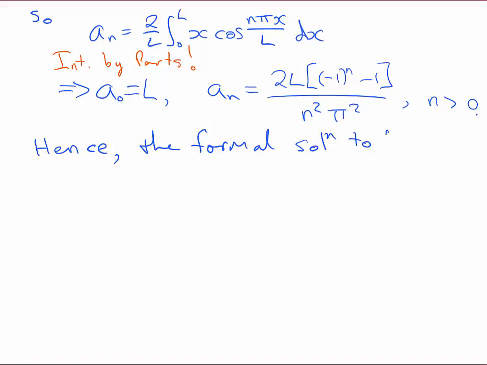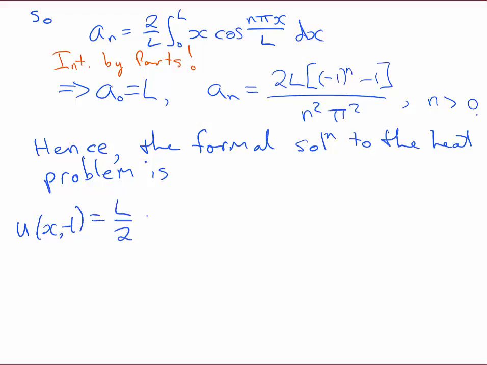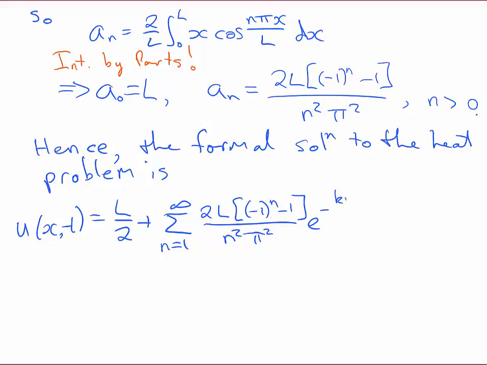So the formal solution then is given by u of x,t is equal to constant L over 2, because a0 was L. Its infinite sum of the a_n, so that's the 2L square bracket deal, and that's all going to be multiplied by exponential from the T equation, e to the minus k n squared pi squared t over L squared, multiplied by the cosine from the X ODE n pi x over L. And that's our solution to our heat problem. All worked through separation of variables.